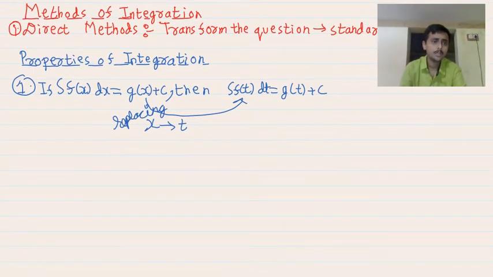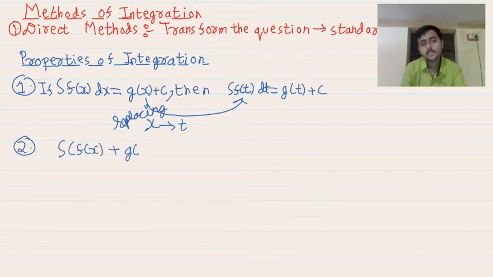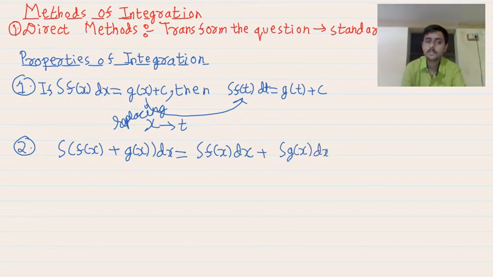The next property is integration of f(x) plus g(x) into dx is equal to integration of f(x) dx plus integration of g(x) dx.